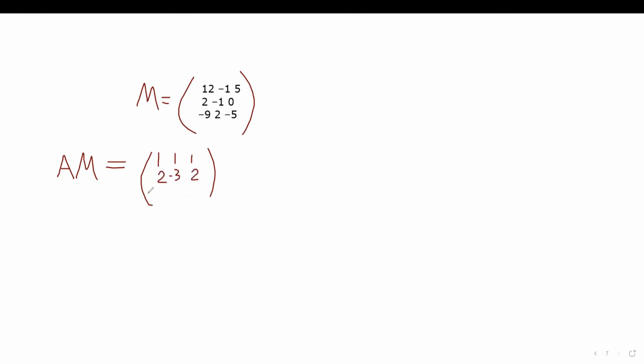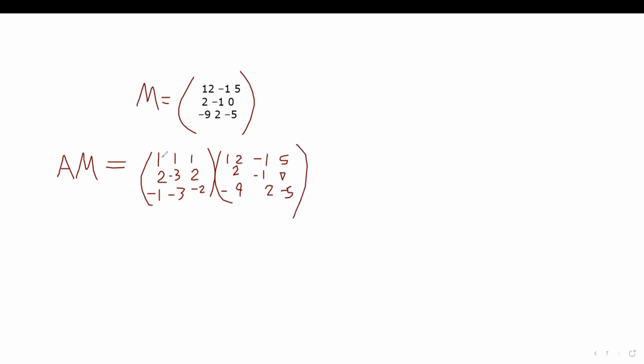Then I think it was minus 1, minus 3, minus 2. So that's A. We're multiplying it by M, which is 12, minus 1, 5, 2, minus 1, 0, minus 9, 2, and minus 5.